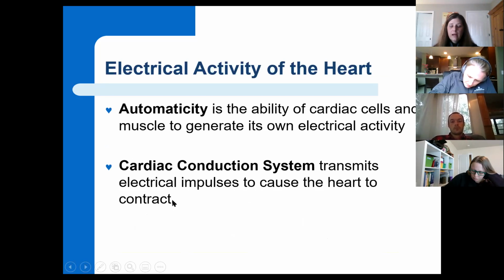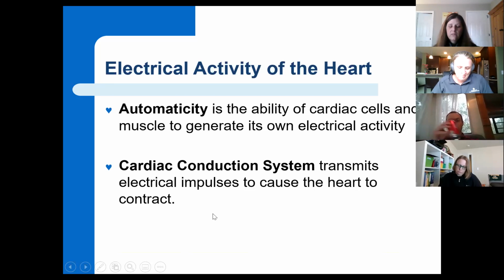Now we have electrical activity of the heart as well. Again, this should be reviewed from anatomy, so we're not spending a lot of time on it. But the cardiac cells and muscles generate their own electrical activity. That is what's known as automaticity. That's important to know. That is something special about the cardiac muscles.